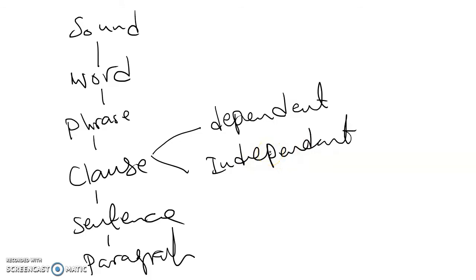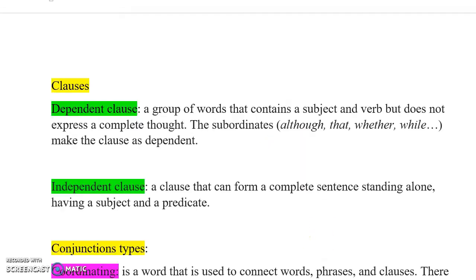These tools are called the conjunctions. Okay, now before going through that, as you see here in the file, we have dependent clause. It is a group of words that contains a subject and a verb, actually, but it does not express a complete thought, or it is not a meaningful sentence.